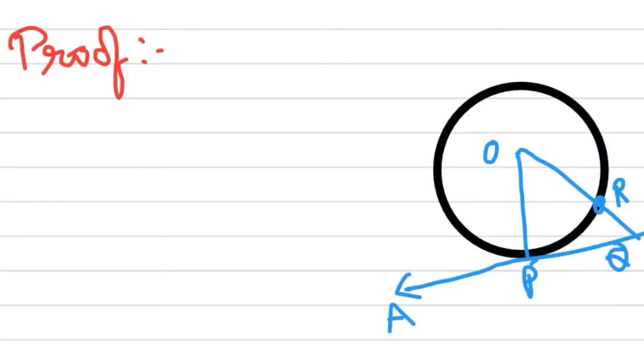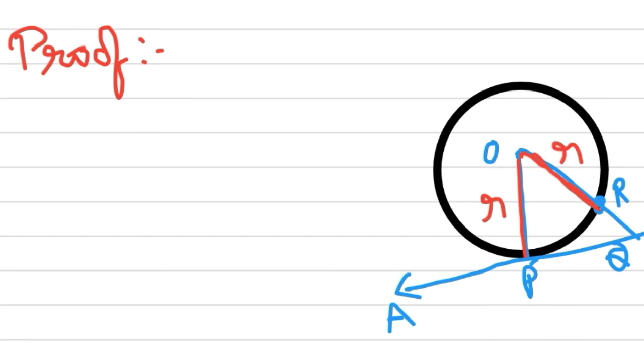We know that OP is the radius of the circle. Radius of the circle means the line drawn from the center to any point of the circle. So OP is the radius of the circle, and I am taking its length as r. Similarly, see here, this OR is also a radius of the circle.